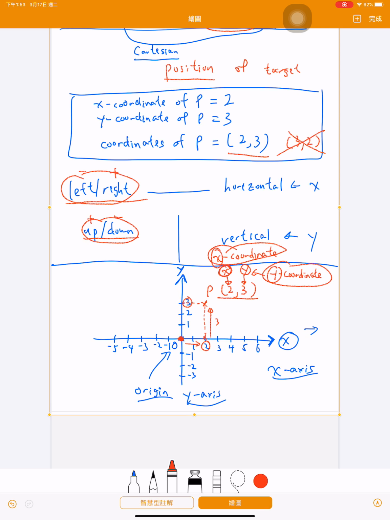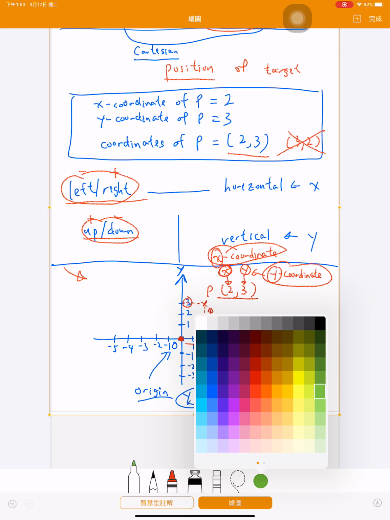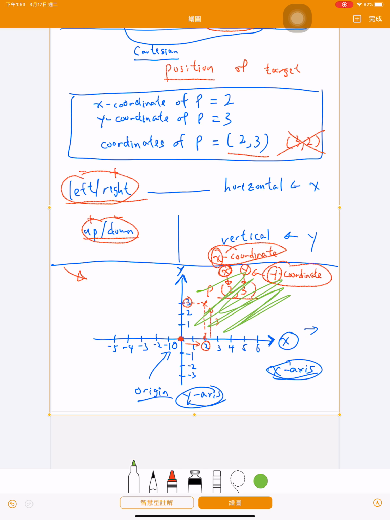Okay. So I will talk about the next concept. That is the quadrant. Now you can see on the bottom, by using the x-axis and y-axis, we divide the picture into four parts, right? For example, this one, the top right hand corner, the second one, the third one, the fourth one.